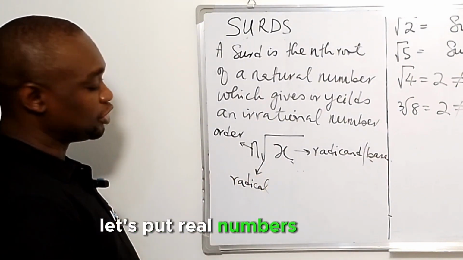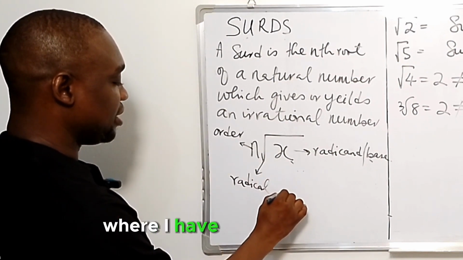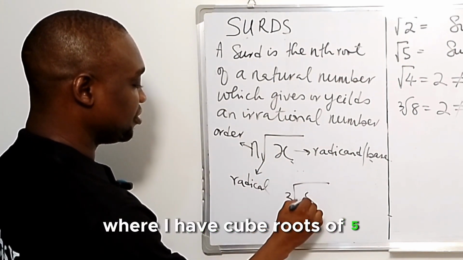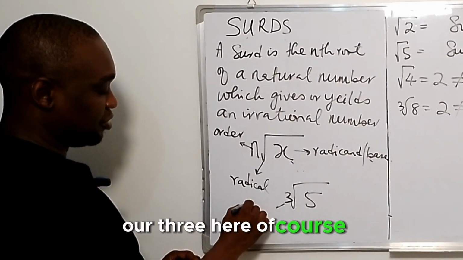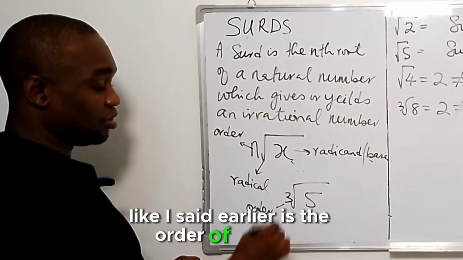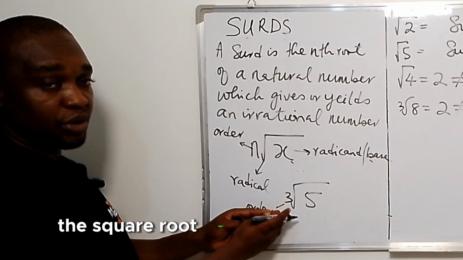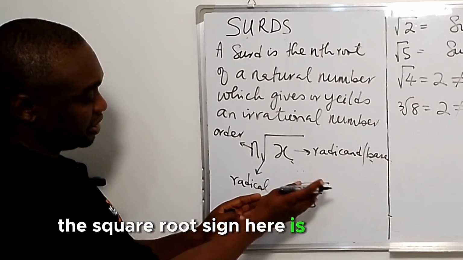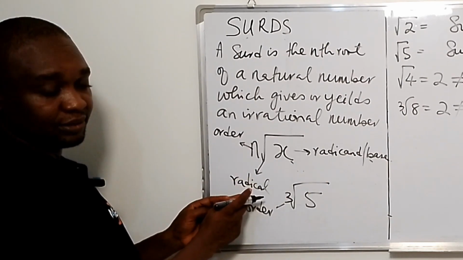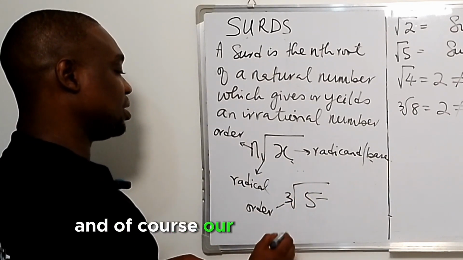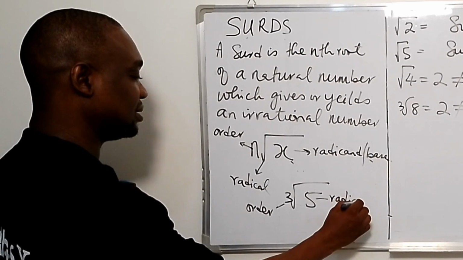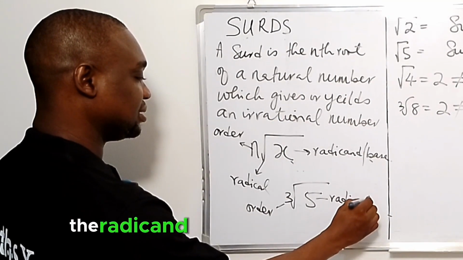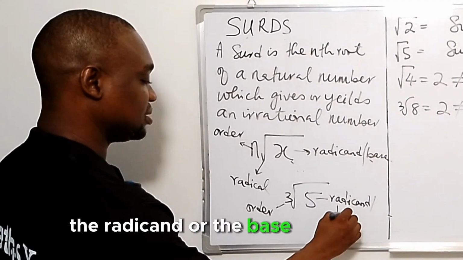Let's put real numbers in here. Where I have the cube root of 5, our 3 here is the order of the surd. The root sign here is the radical. And of course, our 5 is the radicand, or the base of the surd.